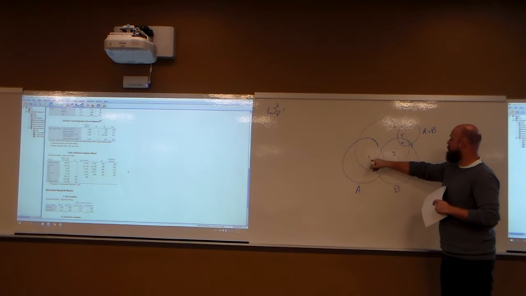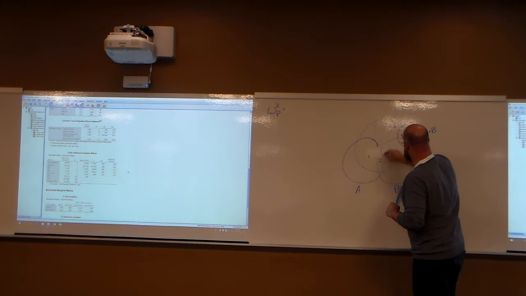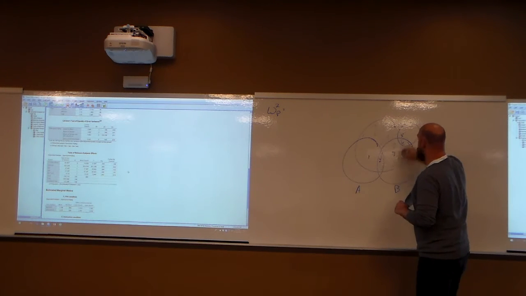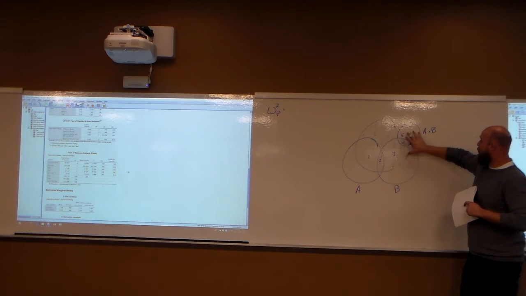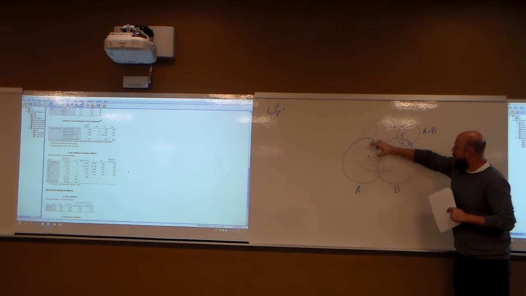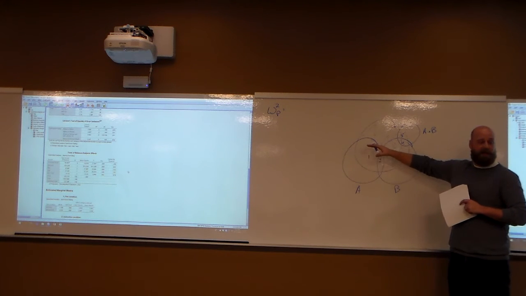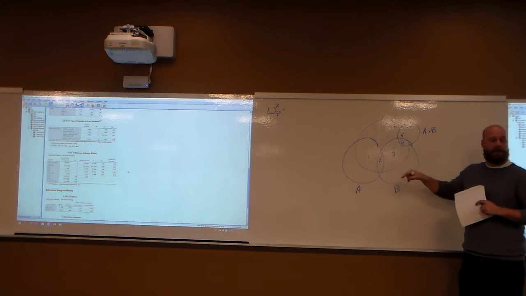Partial eta squared is going to cover 1 relative to just that. So after we take out stuff we can attribute to A or to B and the A by B interaction, now all of a sudden that's about half, versus maybe a third of the full piece.